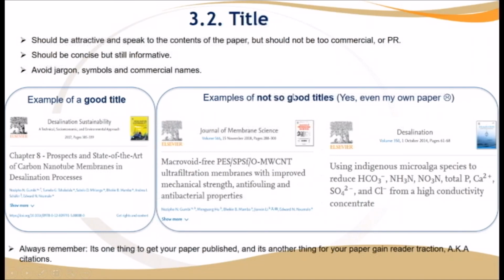Then if you look on the right of the screen, I've put also one of my own, the one where there's a lot of acronyms: microvoid free, PS, SPSF, or multiple wall CNTs, ultrafiltration membranes with improved mechanical strength, antifouling and antibacterial properties. So there was a lot of acronyms there.